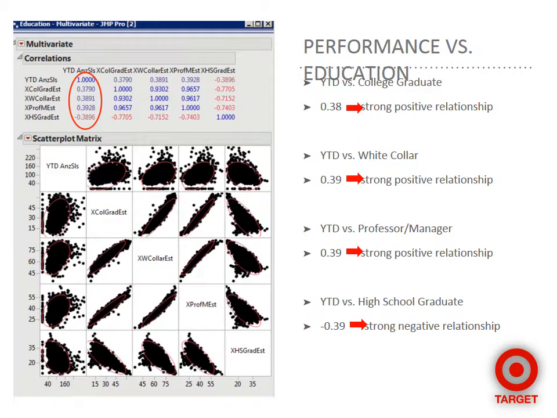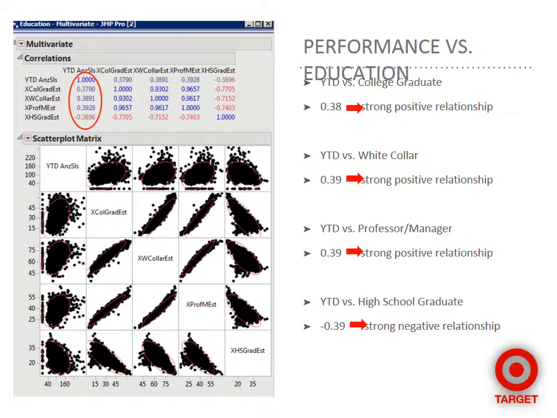The next one I want to talk about is performance versus education. We also do the correlation analysis, and we find out customers with higher education, such as college students, white collar workers, or professors, tend to have higher consumption at Target, which leads to better store performance.